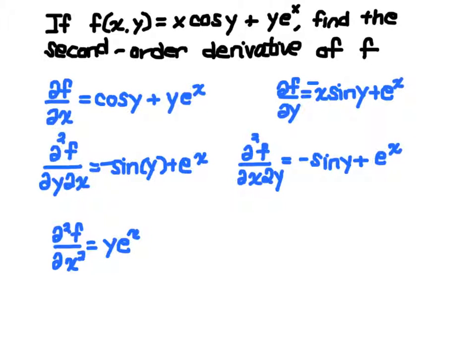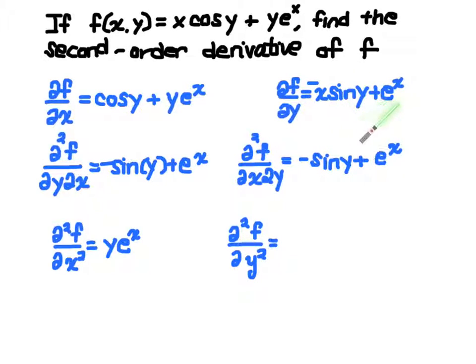Okay. And now we're going to come over here and find the second partial derivative of f with respect to y. That means we're going to find the partial derivative of f with respect to y, and then find the partial derivative of its result with respect to y. Well, here's the result. We already have it. So we have to take the partial derivative of the right-hand side of this equation with respect to y. Well, there's only y in the first term.